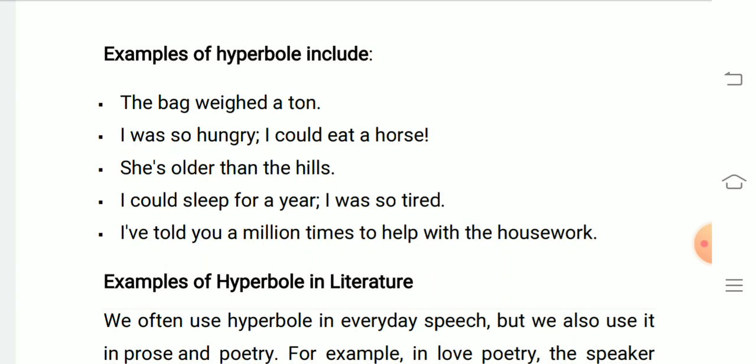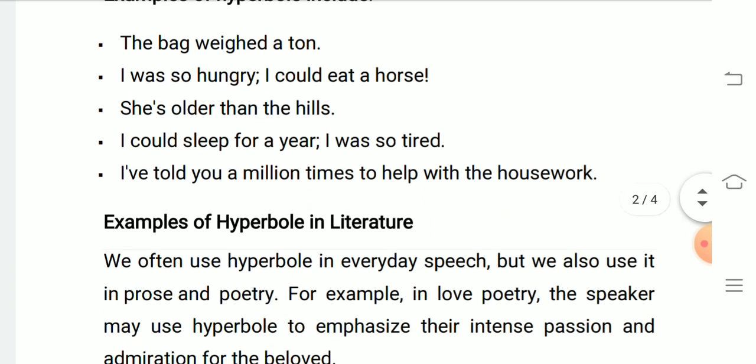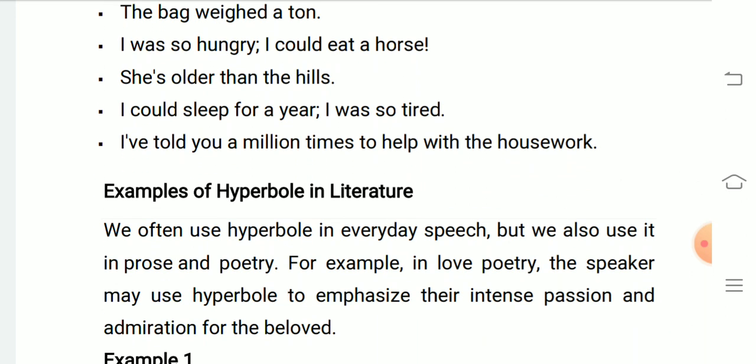This is a beautiful example of a hyperbolic statement by Donne in his poem Go and Catch a Falling Star.